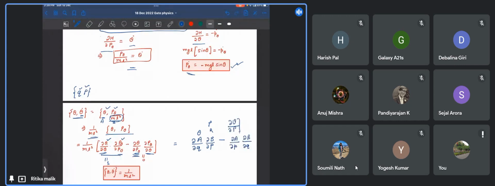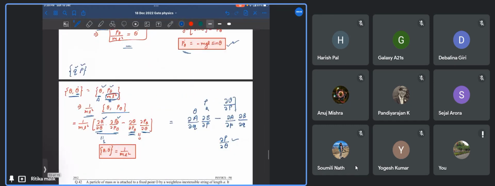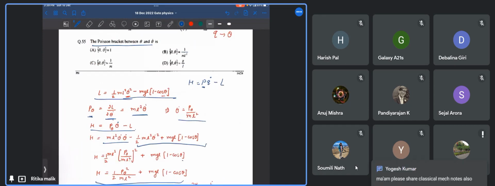Similarly, del B by del Q means del p by del theta. So p and theta also do not have any dependence. So from there we calculate the Poisson bracket as 1 by ml square. So this is the correct answer here.